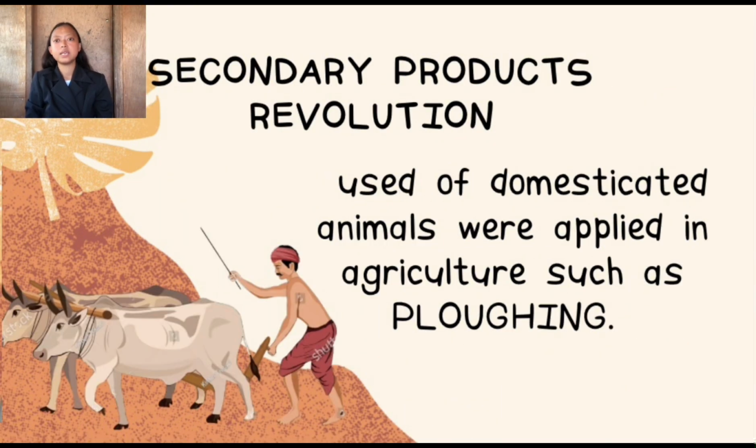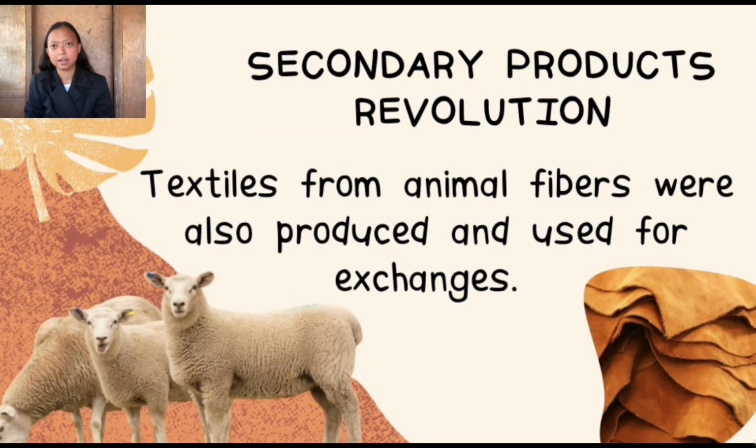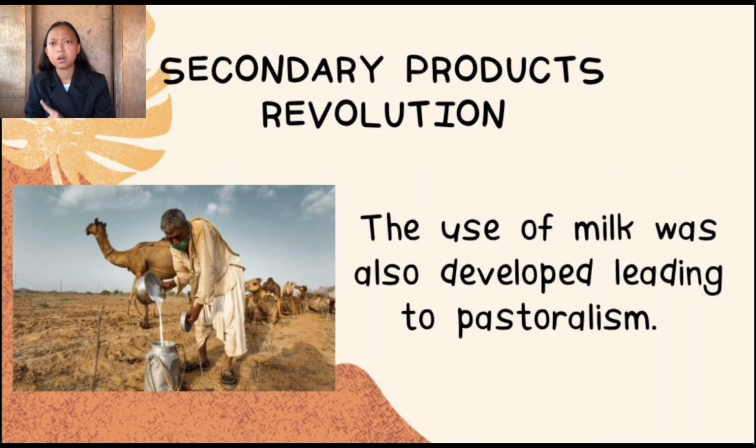In the secondary products revolution, domesticated animals were also applied in agriculture, such as plowing. Textiles from animal fibers were also produced and used for exchange. The use of milk was also developed, leading to pastoralism.